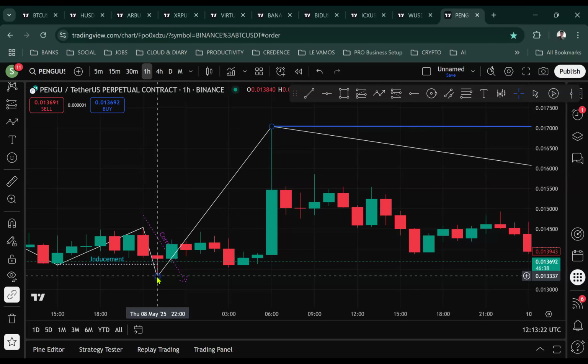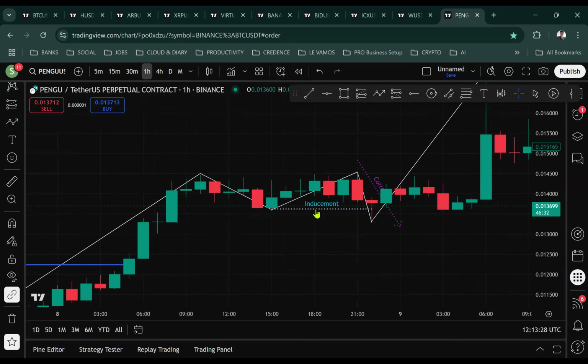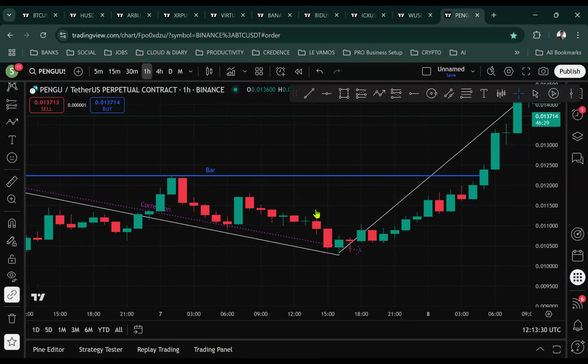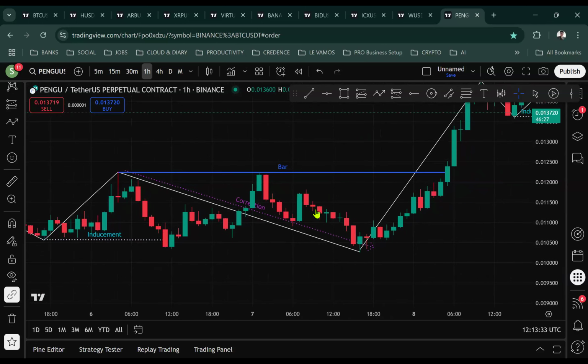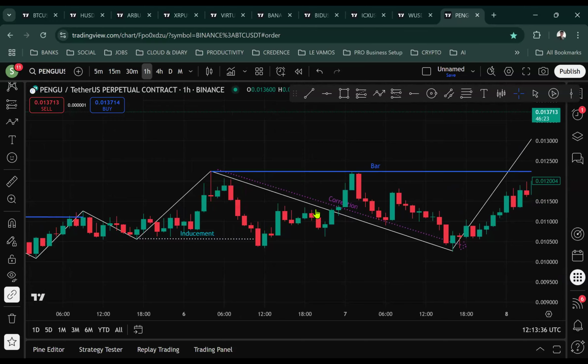Second correction. Let's go back to the first correction. This is the first correction.